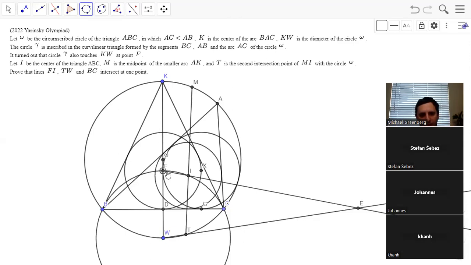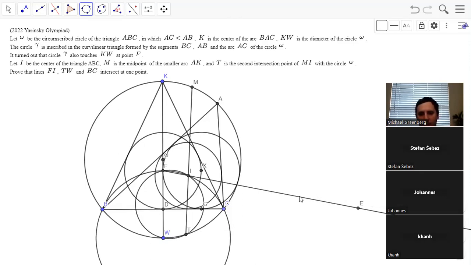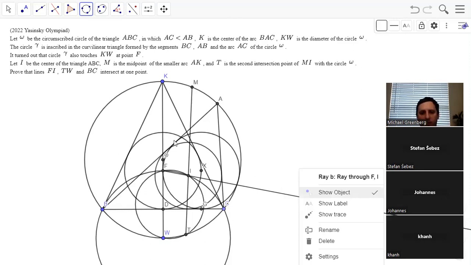Yes. And that thing being cyclic is equivalent to saying that IF is parallel to KM. Okay. Yeah, and I think that the problem is just an angle chase showing that those are parallel.